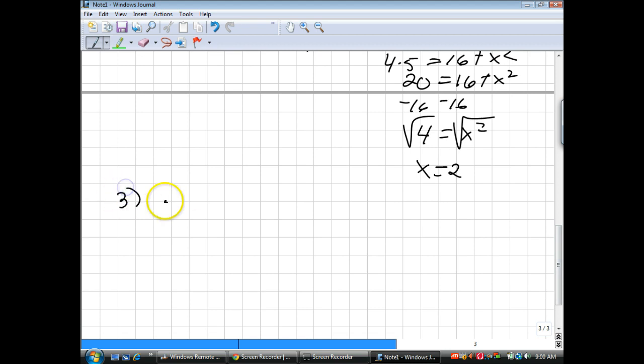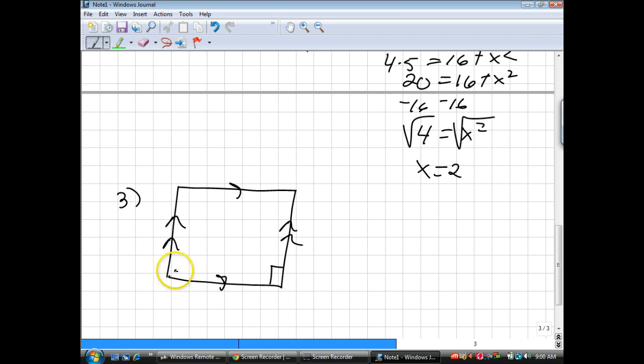Example 3. So if I have a parallelogram where I know this is a right angle, and I have this diagonal that we'll call x, and I know that this side is 9 and this side is 6. Okay, and so we know that in a parallelogram opposite angles are congruent, so this has to be a right angle.